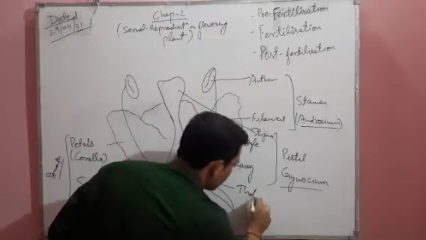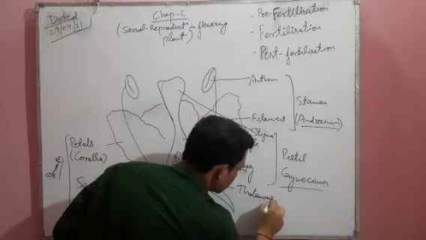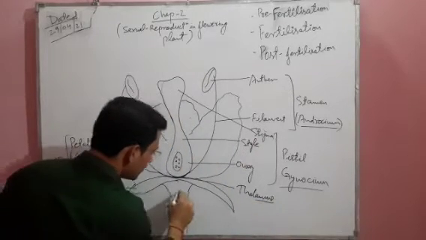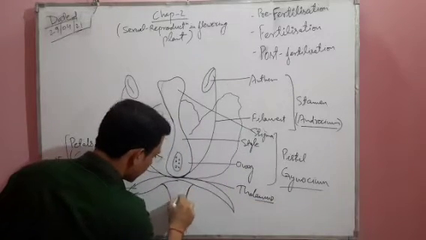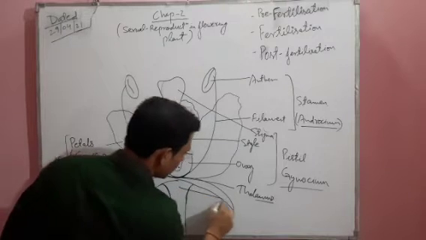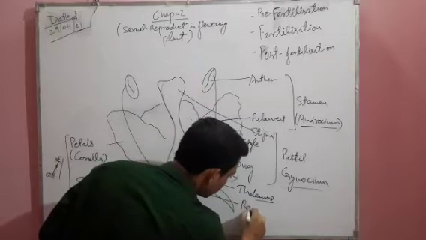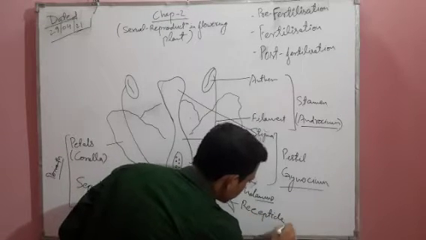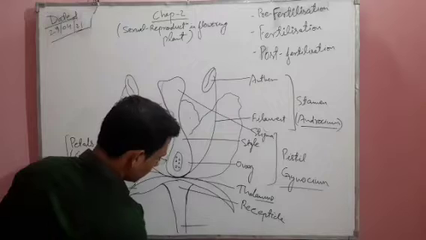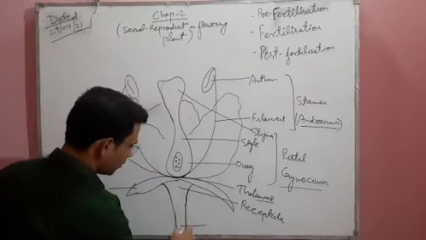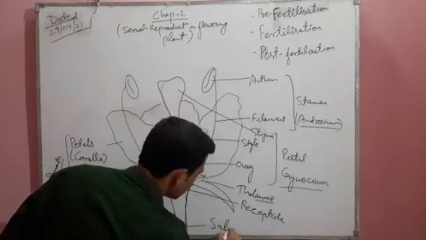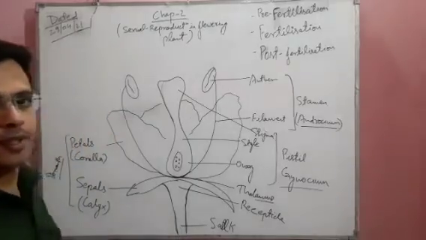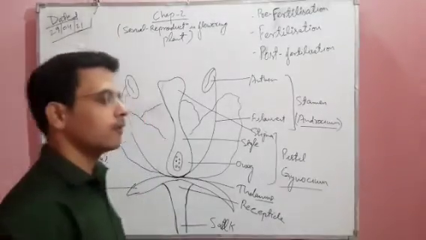This thick part is called receptacle, and as we know, this is called stalk. In Hindi, stalk means dandi, flower ki dandi.